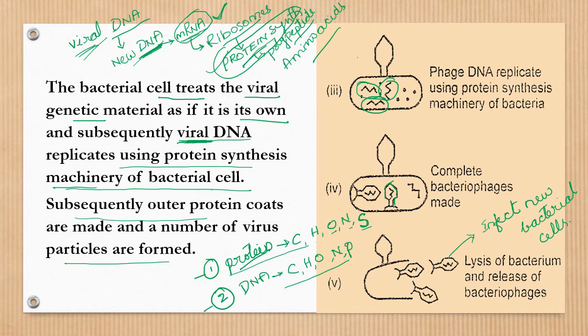So which one is left out? Protein. Which one is injected? DNA. Protein composition is carbon, hydrogen, oxygen, nitrogen, and sulfur. DNA composition is carbon, hydrogen, oxygen, nitrogen, and phosphorus. Please remember these 2 points clearly.